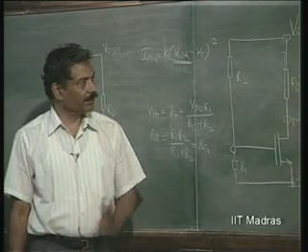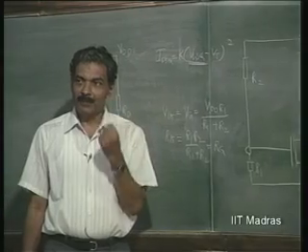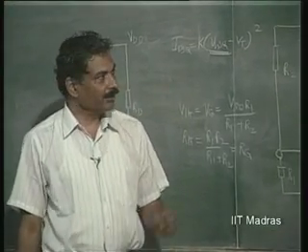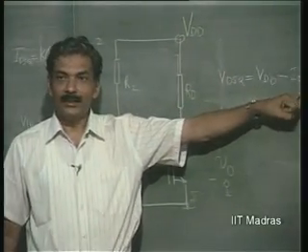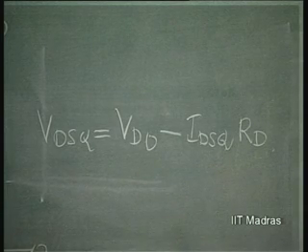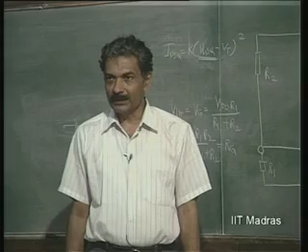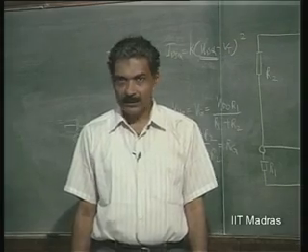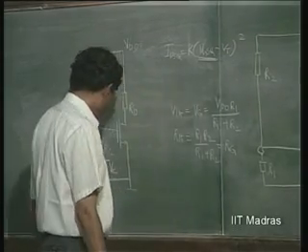So, this keeps shifting. In order to obtain a stable operating point, I should definitely make IDSQ independent of the field effect transistor property, that is K or Vt. How do I do it? This is very simple.